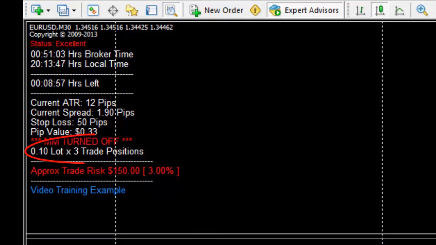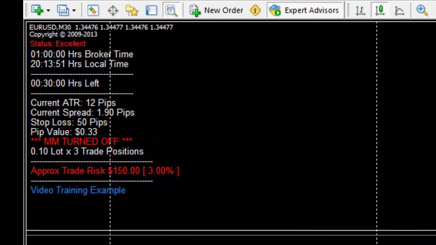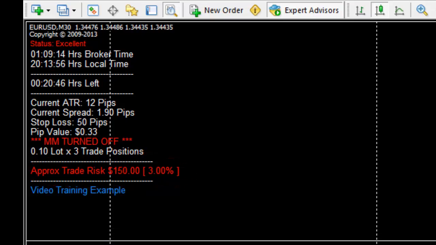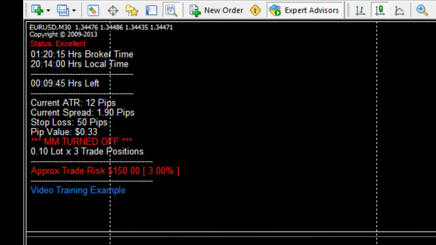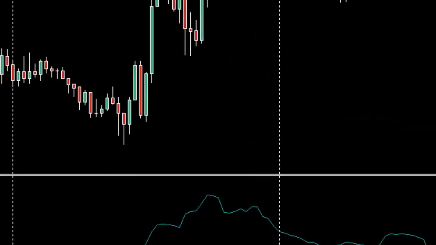That's 3 lots of the 0.1. So our trade risk is $150. We can of course do exactly the same thing here with our stop loss and drag it down or drag it up. But let's have a look at another scenario.